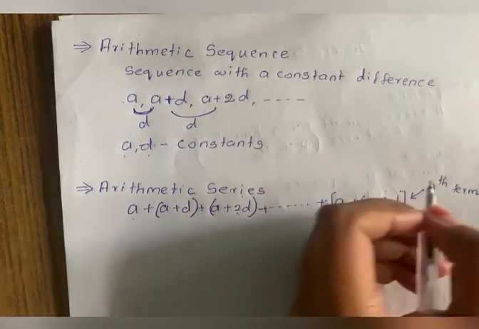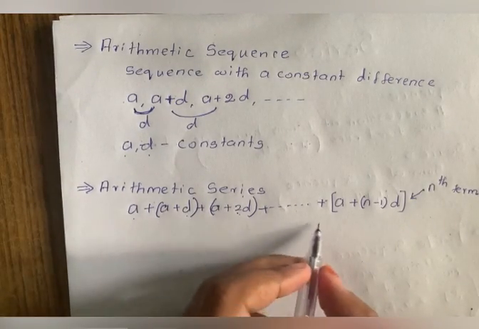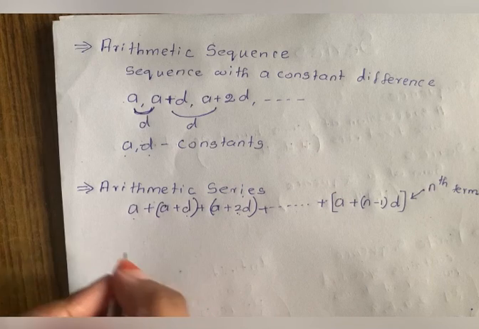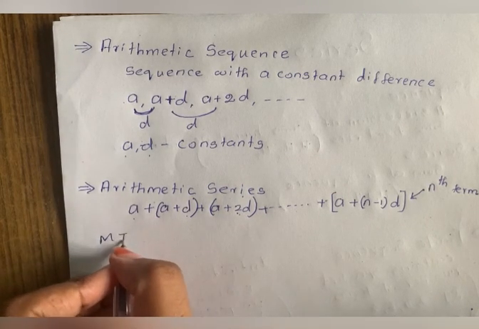So it is the equation for the nth term of an arithmetic sequence. Next, we have to know how to take the sum, the equation for the sum. We can get that equation by two methods.